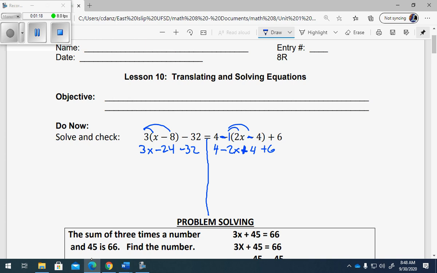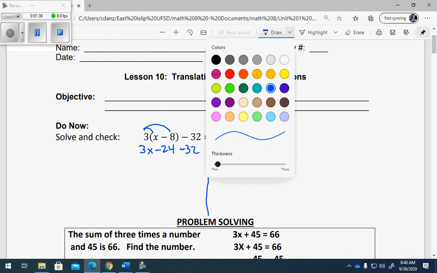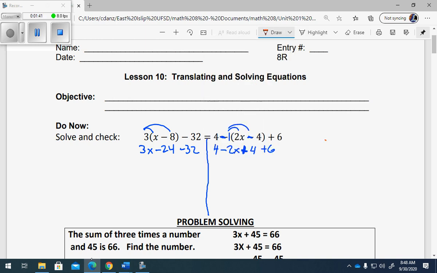Our next step for solving equations, the next best step, is to combine like terms. I really want you to combine those before you start subtracting things from both sides. Look at this, it's still a mess, right? We've got 3 things on the left, 4 things on the right. Too much stuff, guys. Combine them.